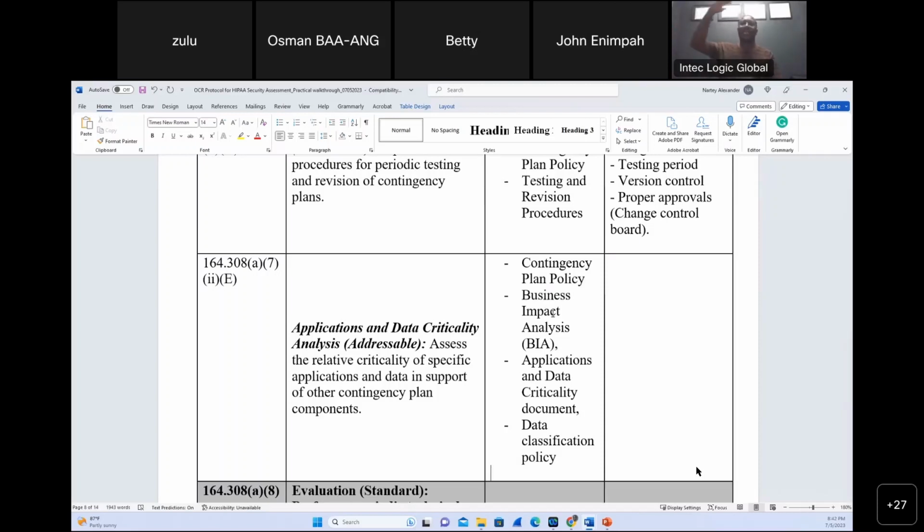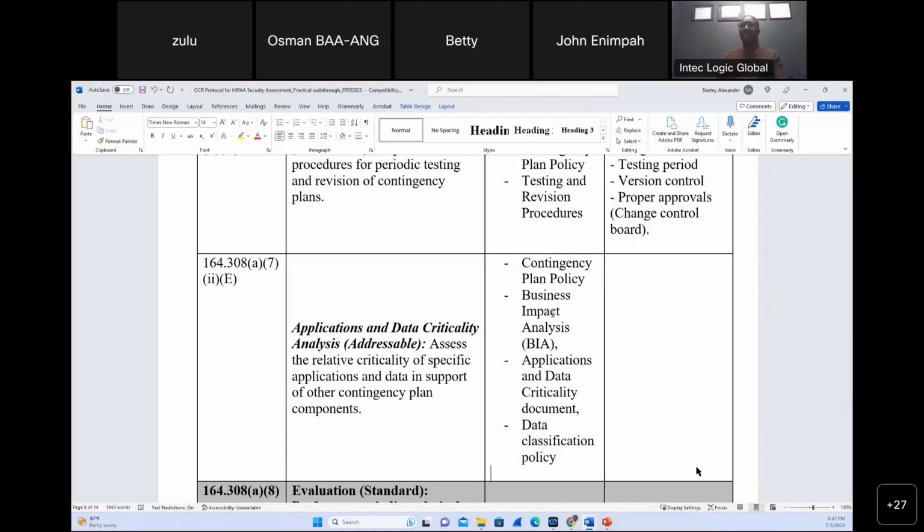That is a high risk, high impact application. Any application that processes maybe employees' salary can be tier 2. Any application that processes any other data, maybe a public assessing one, is tier 3. Any data that is classified as PHI is tier 1.